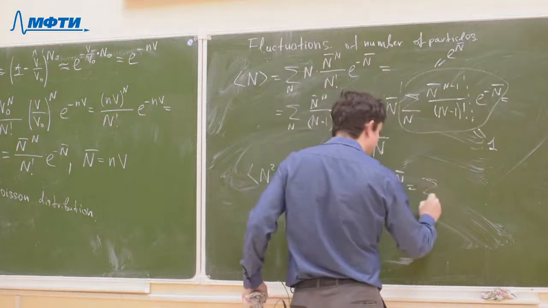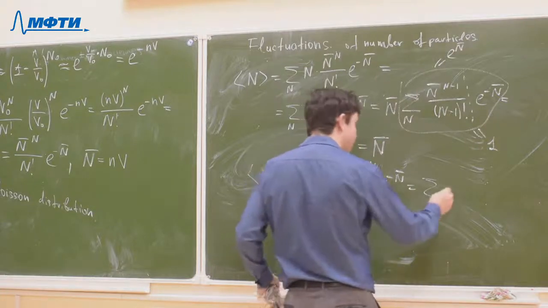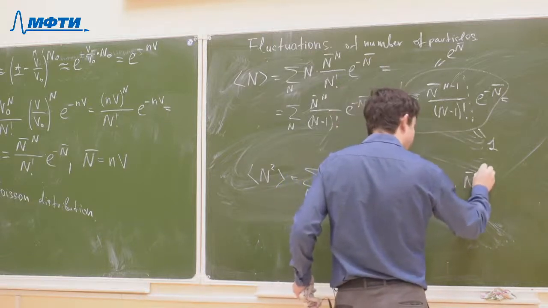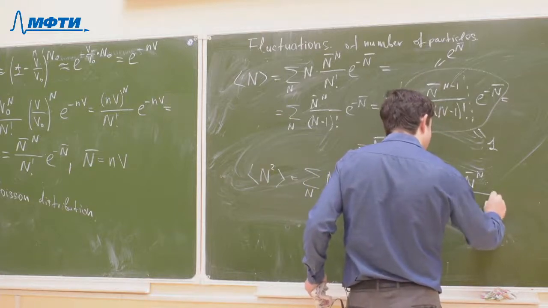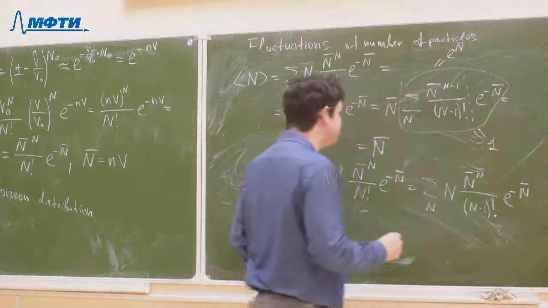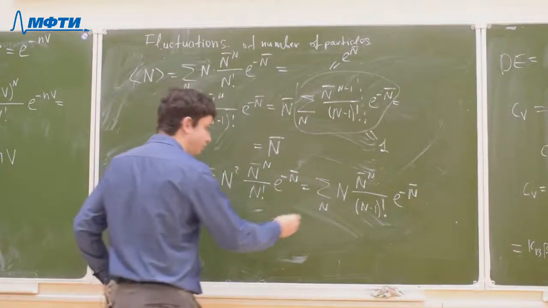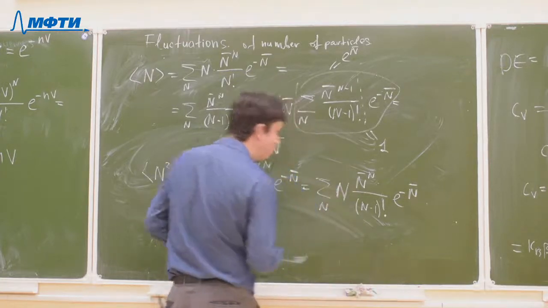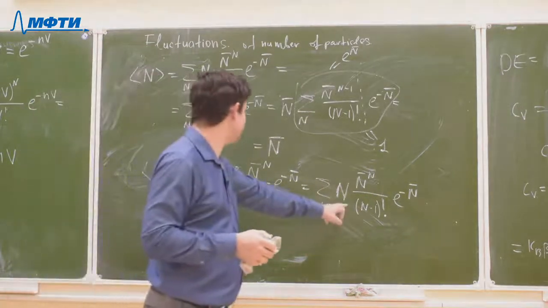We have a sum over n of... now we need to do something to calculate this quantity.